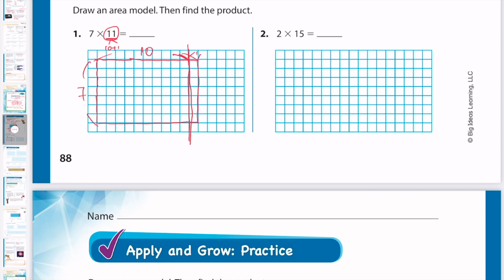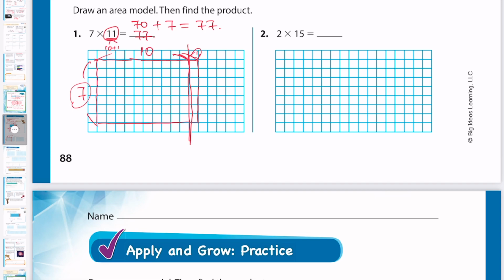So now 7 times 10, 7 rows of 10, which is 70, plus 7 times 1, which is 7, equals 77. That's how we can find the product of 7 times 11, right?